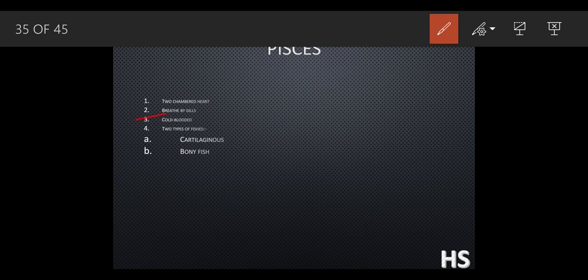They are cold-blooded animals. Cold-blooded, there is another word in your text, that is poikilothermal. Cold-blooded or poikilothermal, we can call it. What does cold-blooded mean?